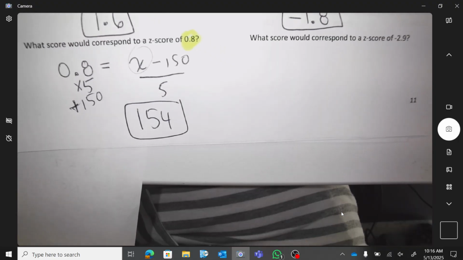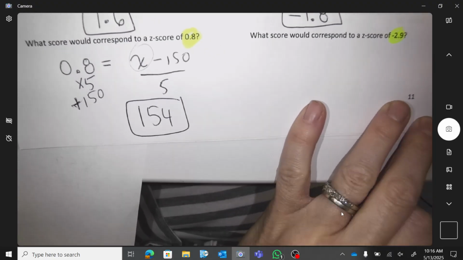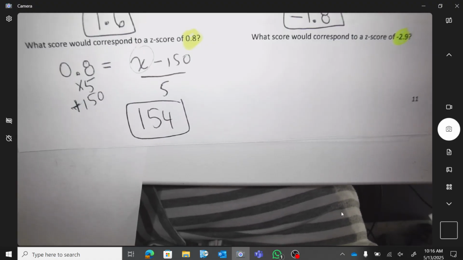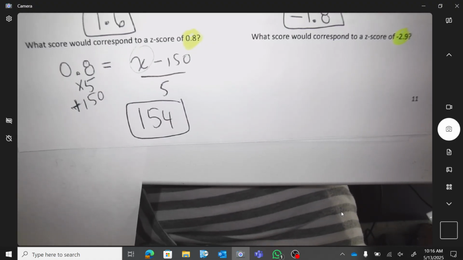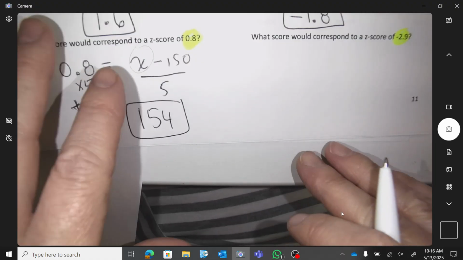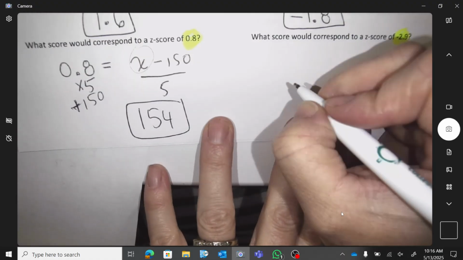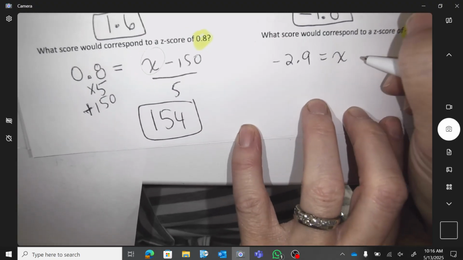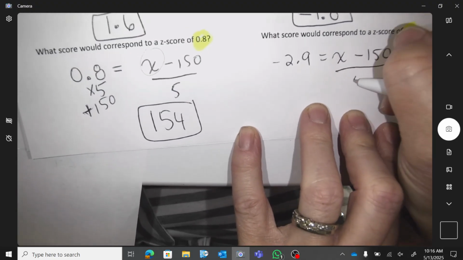Okay, last one. Negative 2.9. This is a pretty bad score. Whoever this person is, they're pretty far below the average. The average was 150, so they're kind of at the bottom of the barrel. So where are they? Let's say these are bowling scores or something like that.